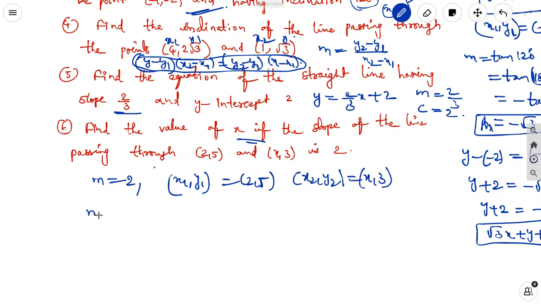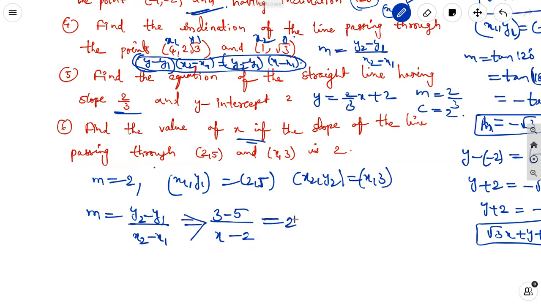Substitute in the slope m equal to y2 minus y1 by x2 minus x1. y2 is 3 minus y1 is 5, x2 is x minus x1 is 2, that is equal to 2.